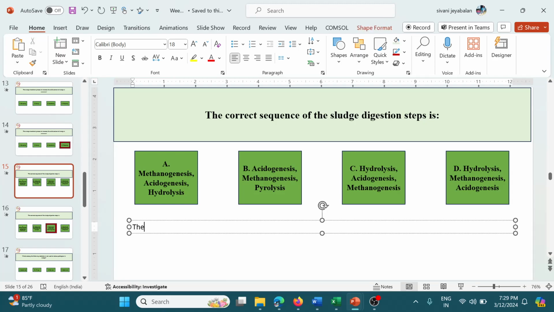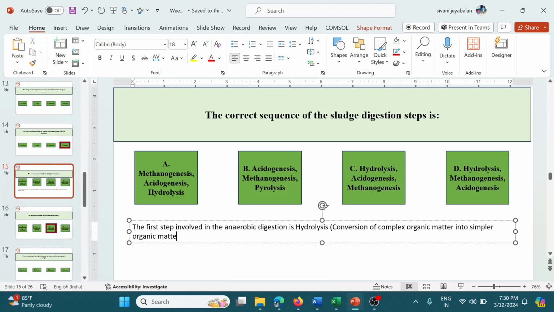The first step involved in anaerobic digestion is hydrolysis, that is conversion of complex organic matter into simpler organic matter by addition of water.